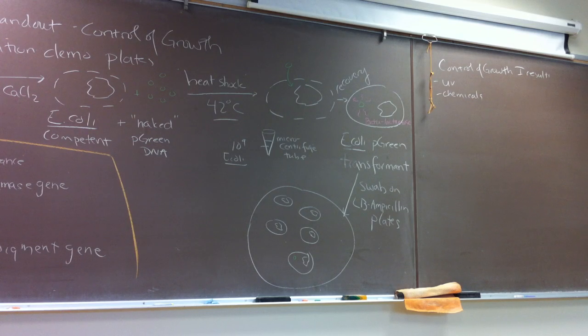How the heck are we going to find those transformants? Most of the E. coli weren't transformed. If we just put them on regular media, we'd probably have just a lawn of bacteria, right? How could we select for the transformants? What kind of media could we use that perhaps would only permit the transformants to grow?